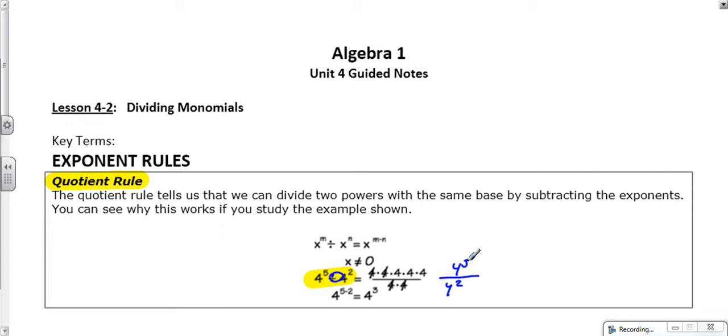Well, if we're going to write this out in expanded form, it would look like 4 times 4 times 4 times 4 times 4 over 4 times 4. And when you have the same number or letter over each other in a division problem like this, we can cancel them out. And what we're left with is 3 4s remaining. And that means that we would end up with 4 to the 3rd power.